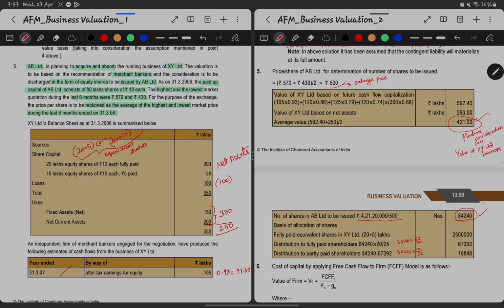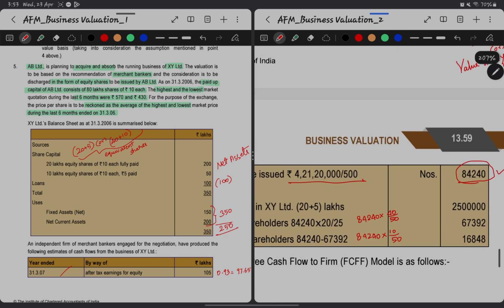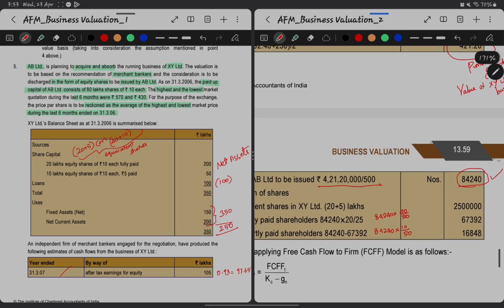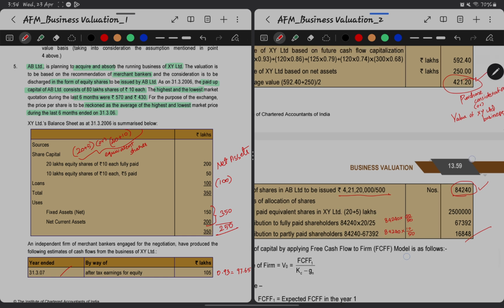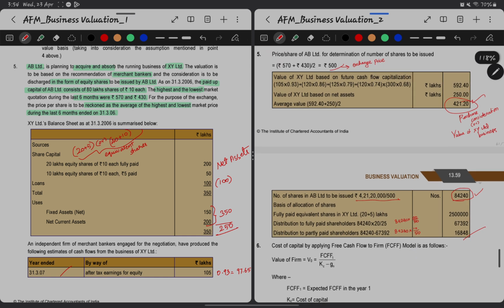ICAI has given 20 divided by 25, and the rest will be given to the other class, the partly paid up. So 67,392 is the number for the fully paid class, and the rest for the other. Or we can do 84,240 multiplied by 20 by 25, which also will give us the same answer. And in the 40 plus 10 way also, we will get the same answer. Thank you.